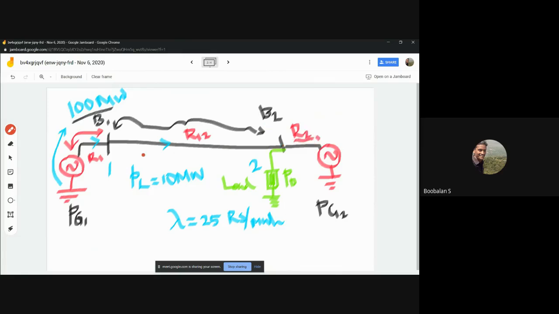We'll calculate this because we're going to calculate the power loss of the whole system, not PG1 alone, right? Actually, the load is connected on my bus 2, right? That's why we need to calculate the entire power system losses, right?